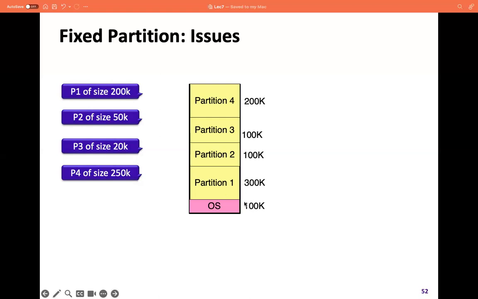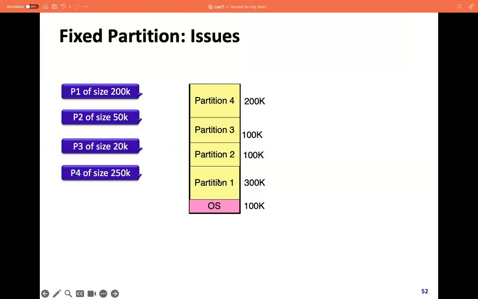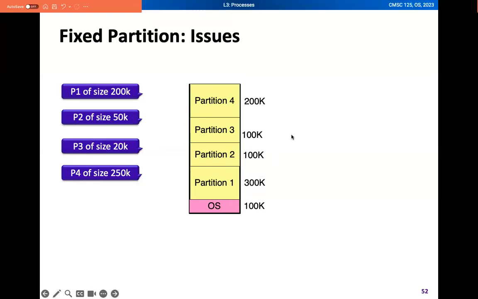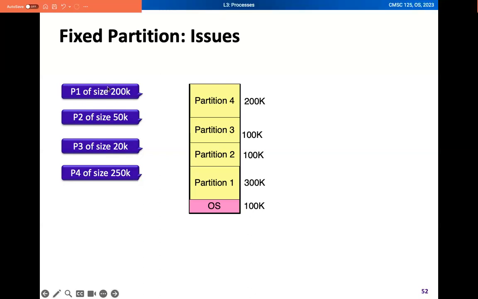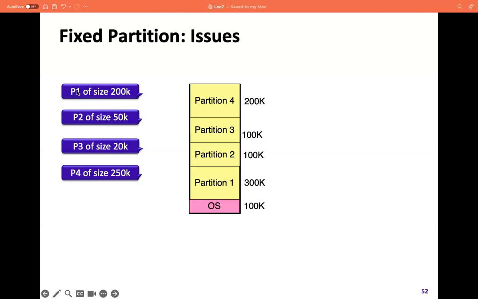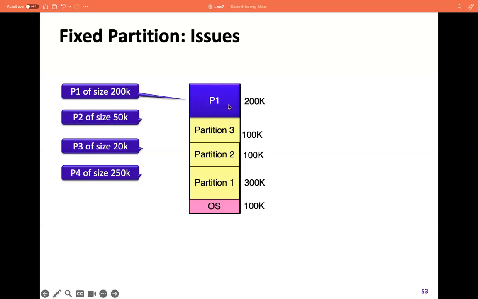So as you can see here, we have a partitioned main memory. Partition 1 has 300K, 2 and 3 have 100K, and partition 4 has 200K. If a certain process is less than or equal to the partition, then we can load it in that partition. So P1 may be loaded in partition 4, since P1 is of size 200K.